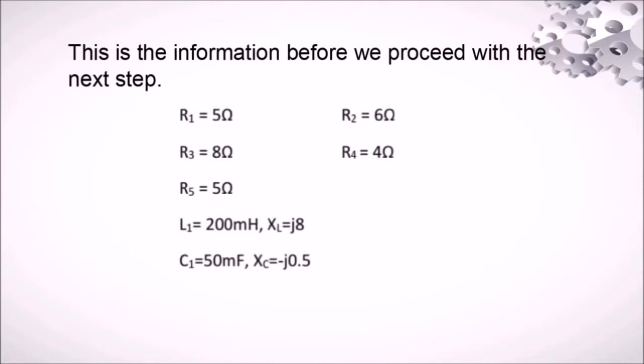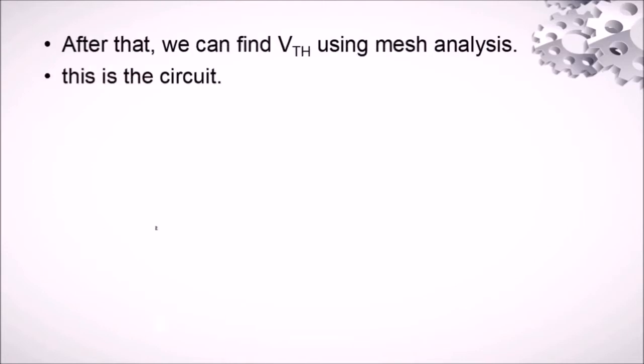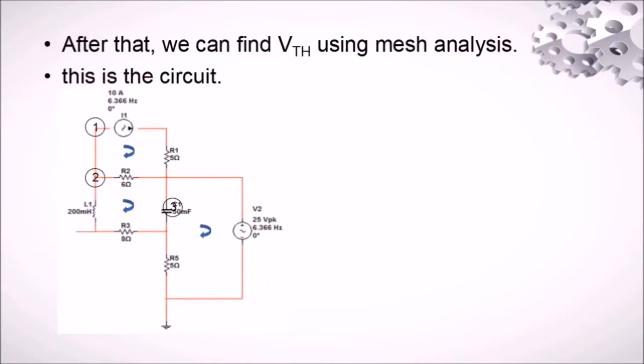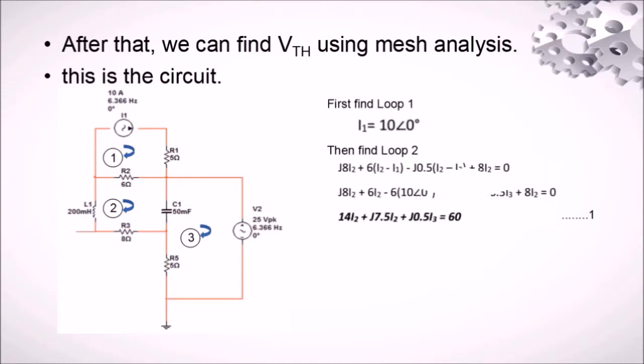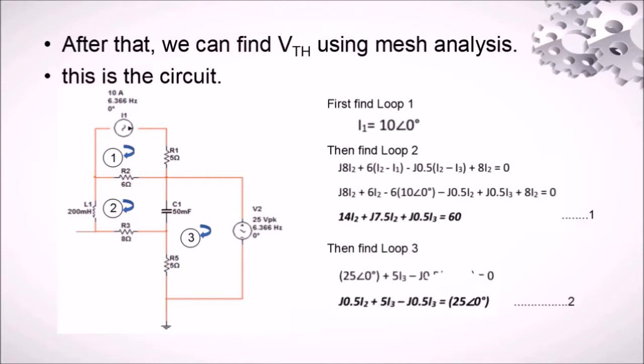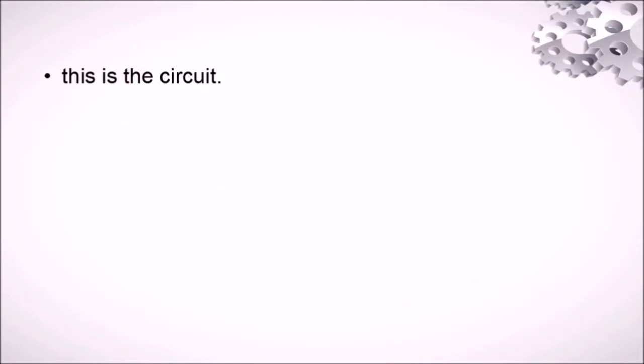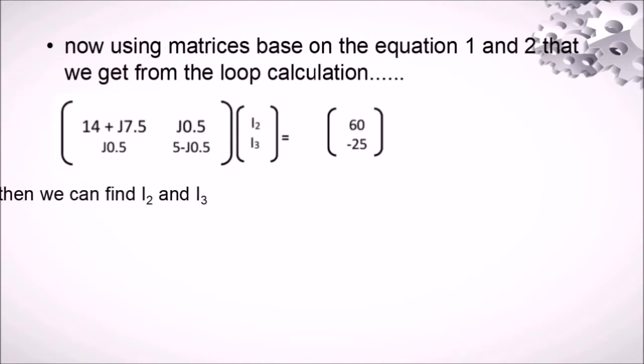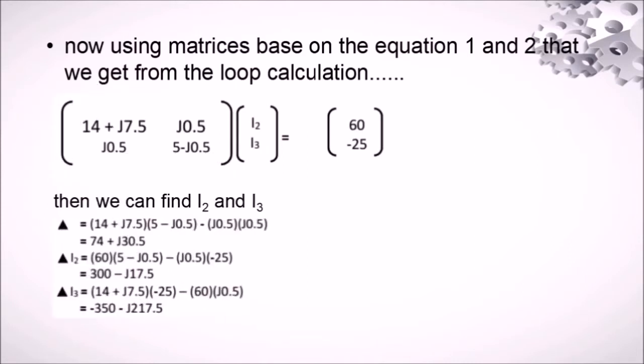Next, this is the information from the circuit that we have, and we will proceed by finding VTH using mesh analysis. As you can see from the circuit, we find loop 1, loop 2, and loop 3. From the equations of loop 2 and loop 3, we can proceed by using matrices to find the currents I2 and I3, finding the determinants to get the values of I2 and I3.